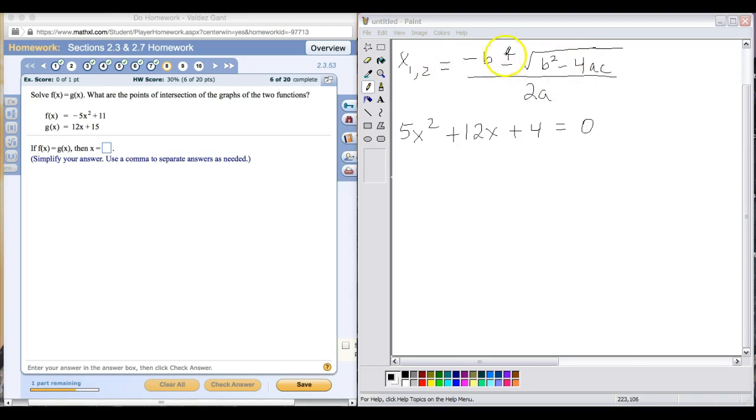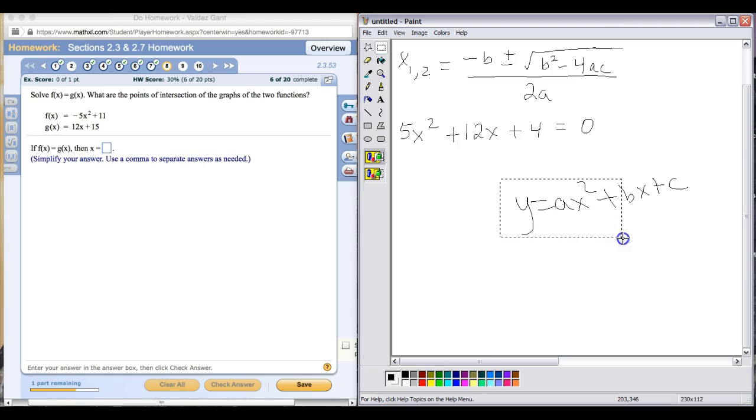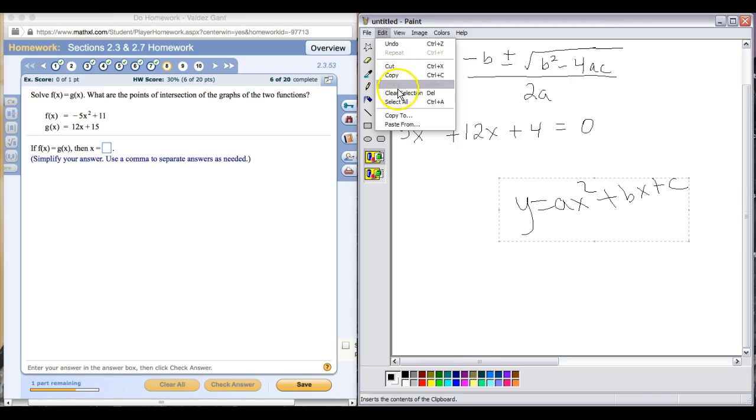The a, b, and c that you see here, no pun intended, is from our quadratic function being written in this form. The a, b, and c that are here are the same a, b, and c's that you see here. So all we have to do is plug and play from that point, and we're pretty much good to go.